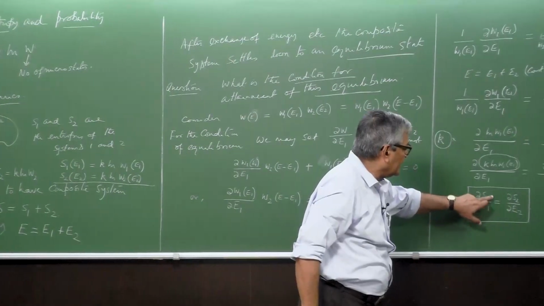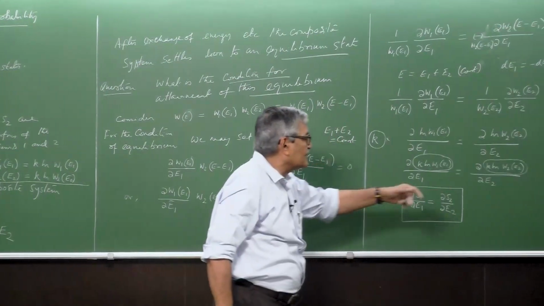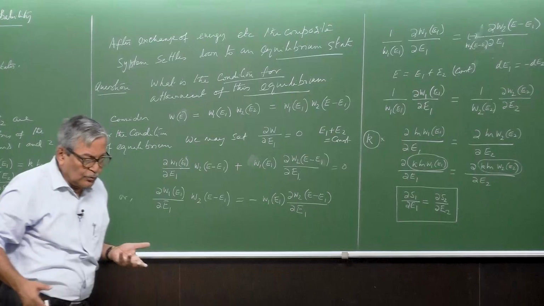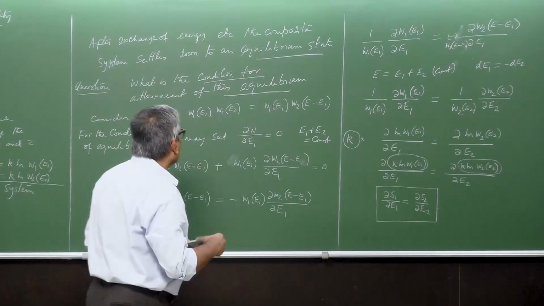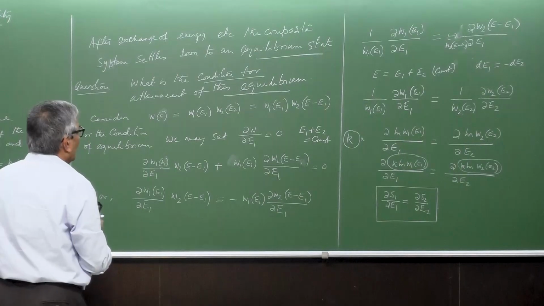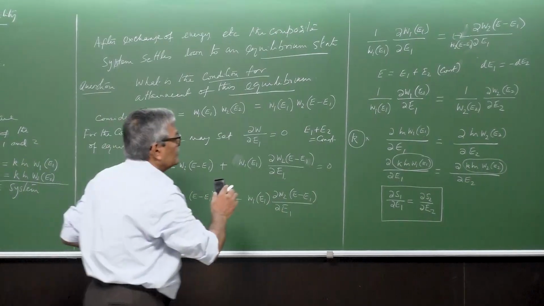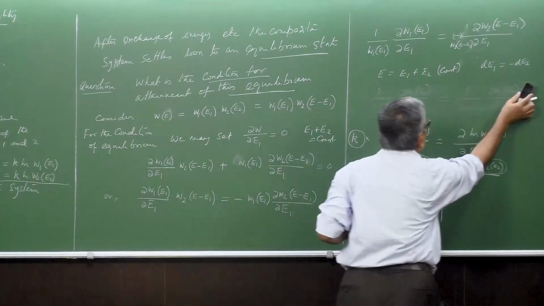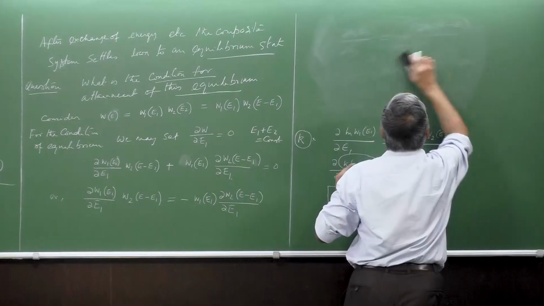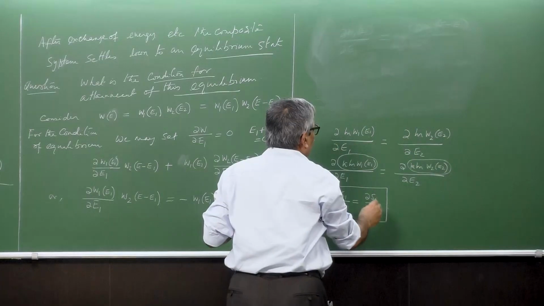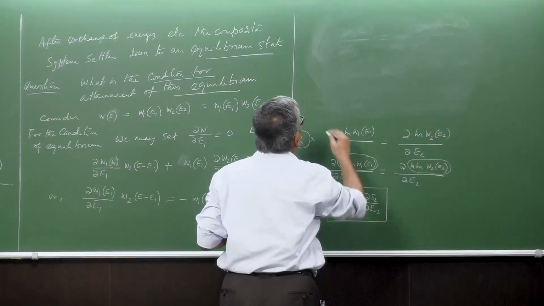and you are getting a new quantity. So what does this quantity mean? A clue that you get immediately from the usual thermodynamics. So how to obtain this quantity? A clue from thermodynamics is this. I just want to know what this condition is.